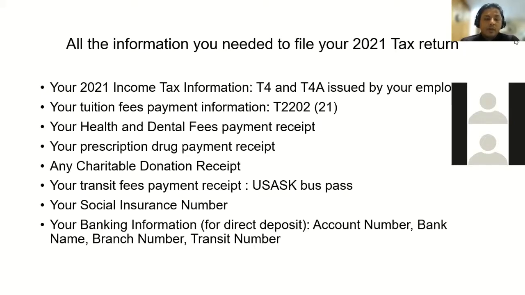When we receive our salary, like for the teaching assistant money, they automatically deduct tax from our income. I'm trying to make this presentation universal so that everyone can understand it.